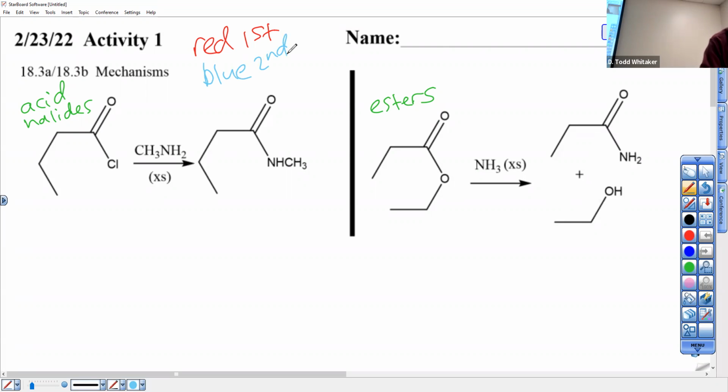Because almost every mechanism we see today is going to involve attack by a nucleophile, pi breaks, lone pair created in that step, resonates back, kicks off the leaving group. Get used to it. It's the poster child for reactions of carboxylic acid derivatives. And here we go.